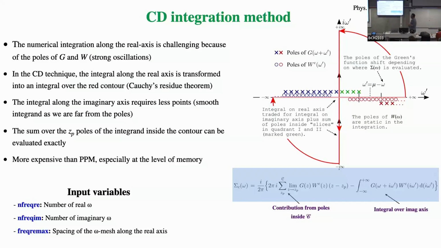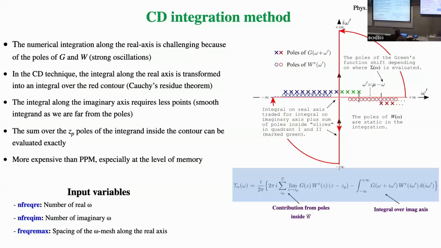So that's the reason why we avoid this integral from 0 to infinity, and we use basic results of complex calculus, Cauchy's theorem, to rewrite the integral along the real axis in terms of an integral along this contour, in which we have to sample G and W along the imaginary axis.